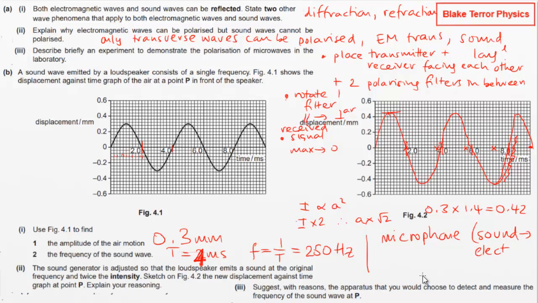So that's the reason here, electrical signal. And then we're going to want some way of looking at or measuring that signal. So we're going to want an oscilloscope, because that's the thing we use to look at oscillations. So we'll have an oscilloscope to display the oscillation for measurement.